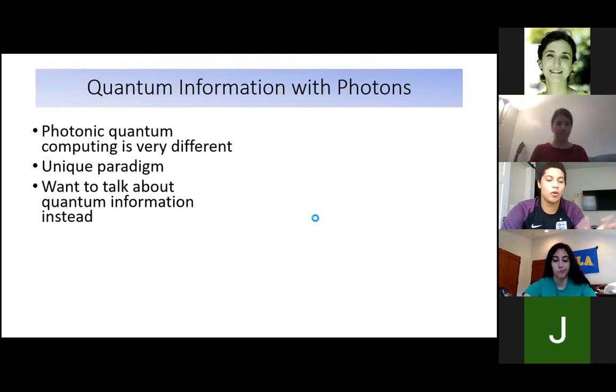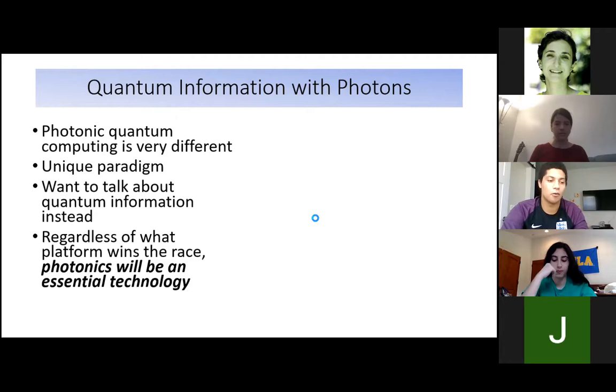And really what I want to talk about is this main point: no matter what platform wins in the race to build a quantum computer, whether it's trapped ions or superconducting qubits, photonics is always going to be an extremely important, essential part of any sort of quantum technology.